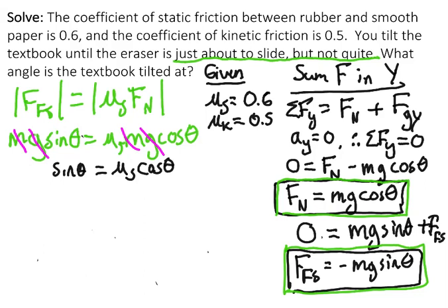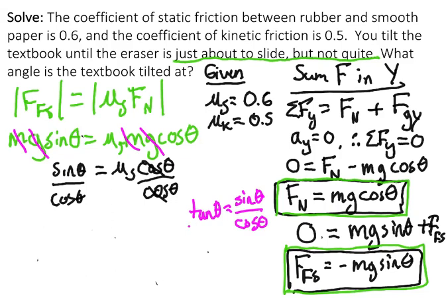I'm trying to rearrange for theta, so what if I put all the thetas on one side? I can divide both sides by cos theta. And that gives me just sine theta over cos theta is mu s. Now sine theta over cos theta is actually a thing. If you remember from your functions course, you'll remember that tan of an angle is sine of that angle over cos of that angle.